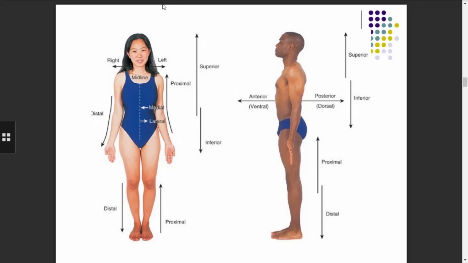Superior means the above portion, the superior-most portion. Inferior means the lowermost portion. Here, this side is the anterior or ventral, and the backward portion is called the posterior or dorsal portion.